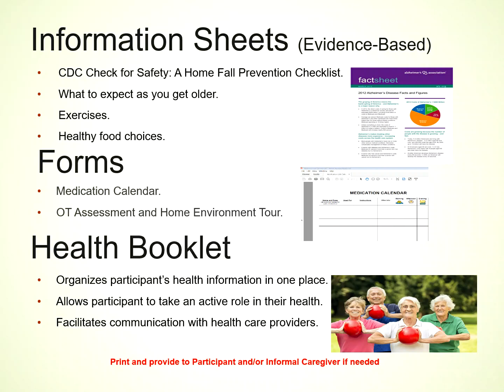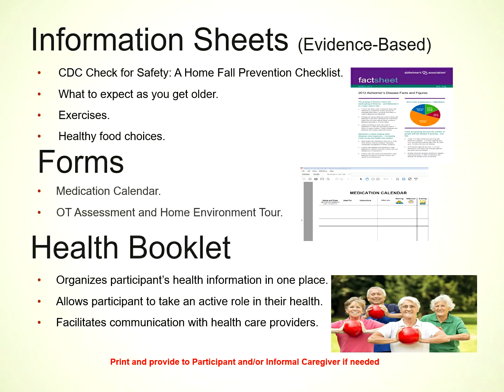There are also information sheets, which are evidence-based information from the CDC on how to do a fall prevention checklist, what to expect as you get older, or exercises, both if you're able to ambulate or if you sit in a wheelchair, and healthy food choices.